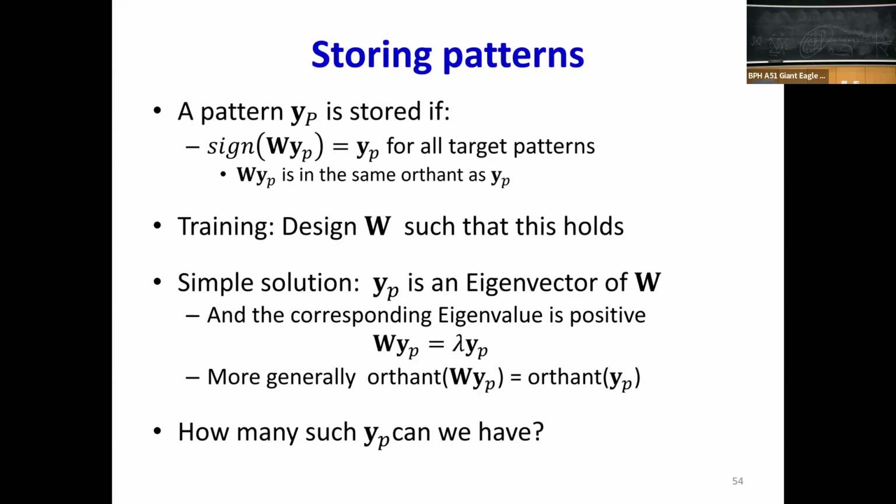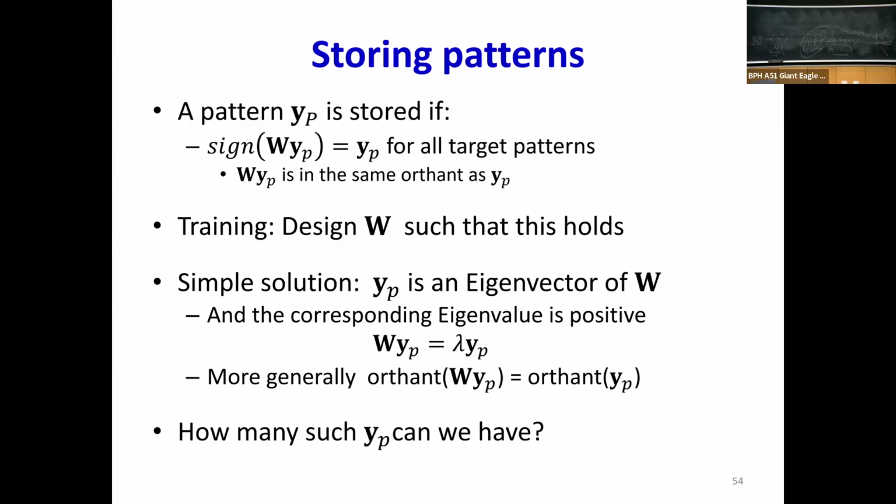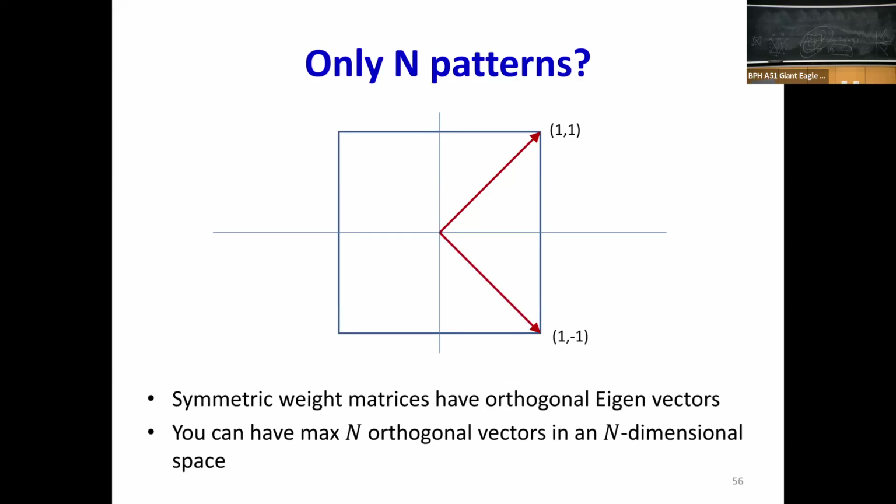How many eigenvectors can an n cross n matrix have? Anybody? Guys? How many eigenvectors can an n cross n matrix have? N. N, thank you, right? So how many patterns can an N neuron network store? N. Exactly. So it turns out that there's a natural restriction.